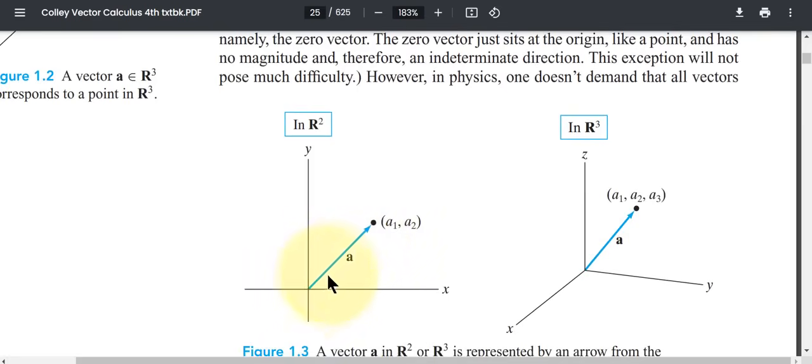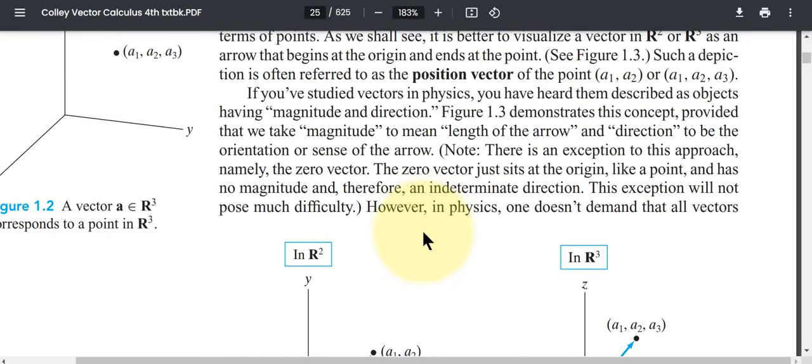So the magnitude is the length, and the direction is the angle here. And here it's a different concept of the angle. But let's stick with here for now. So it's just the angle and the length. So a vector seems to have that.